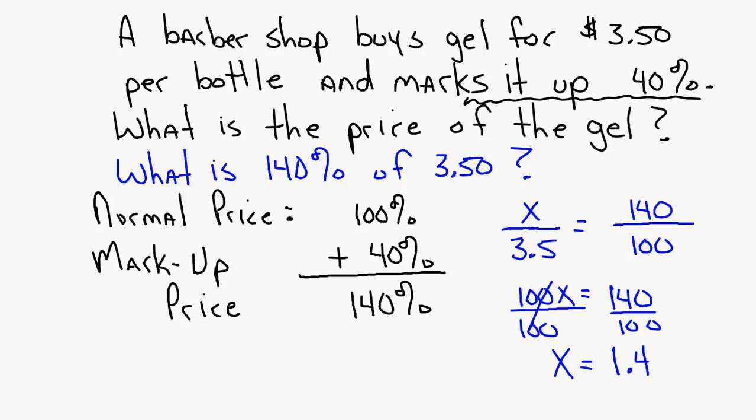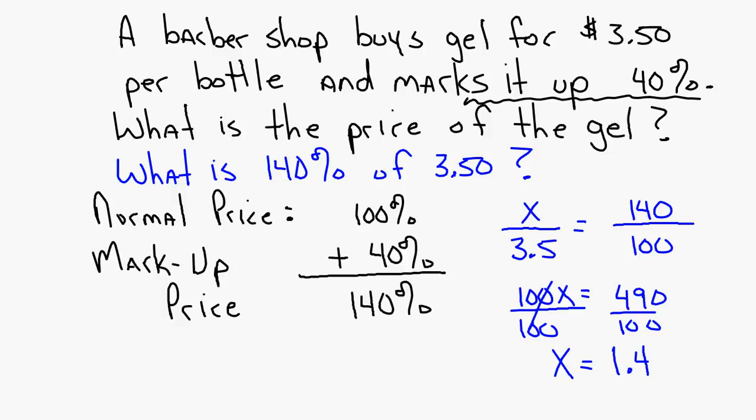What's going on here? Something's not right. When you multiply, 3.5 times 140 is not 140, is it? No, it's 490. 490.